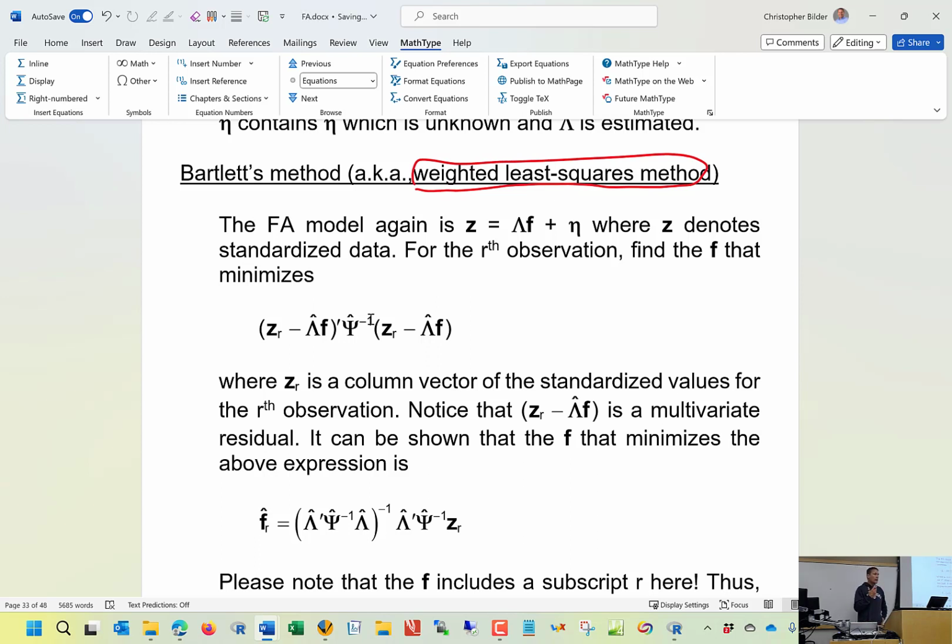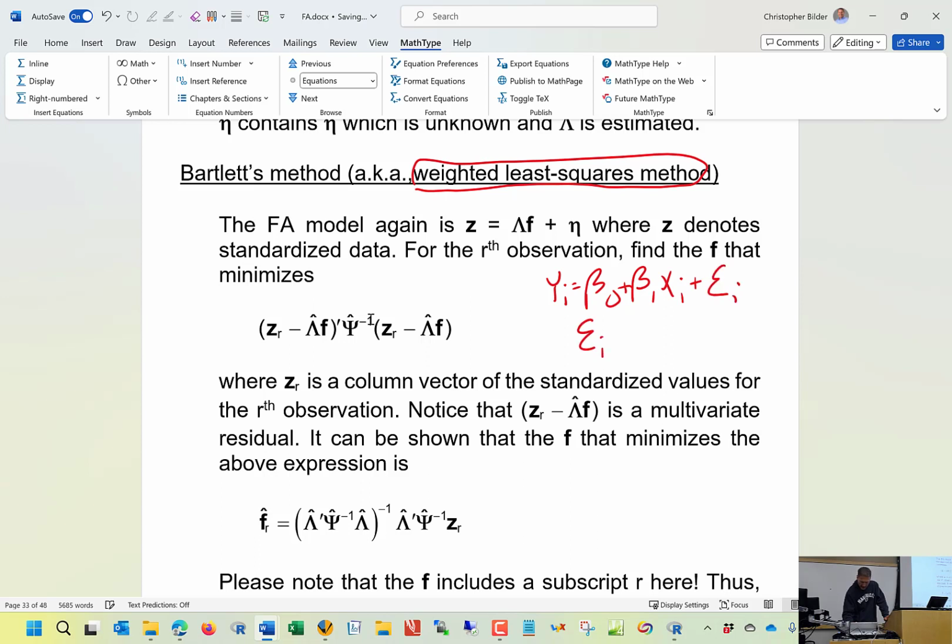Now, all of you know what a least squares method is relative to regression analysis. What you might not know, if you haven't taken a Stat 870 course, is that there are extensions of weighted least squares to the following case.